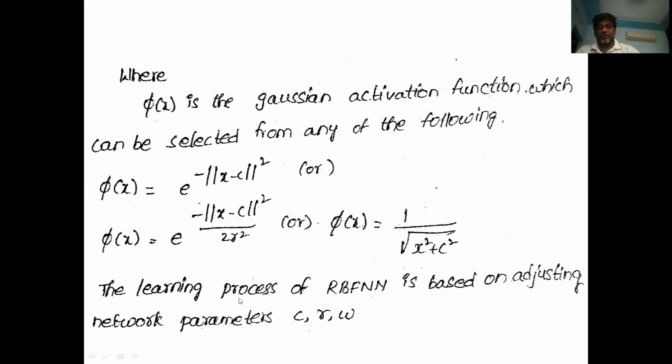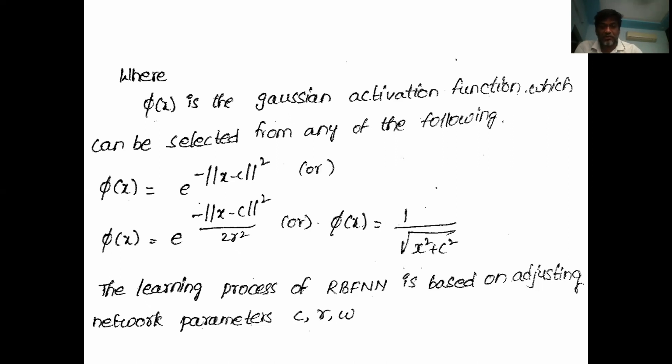So the learning process of an RBF neural network is based on adjusting three important network parameters. What are those three? One is c, second is r, and the third is w.